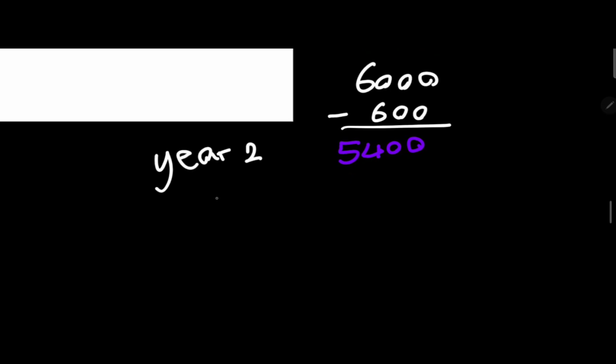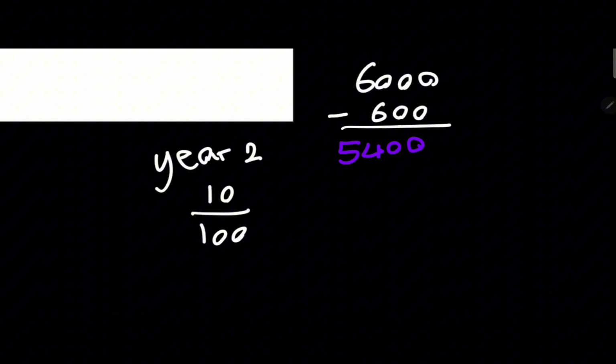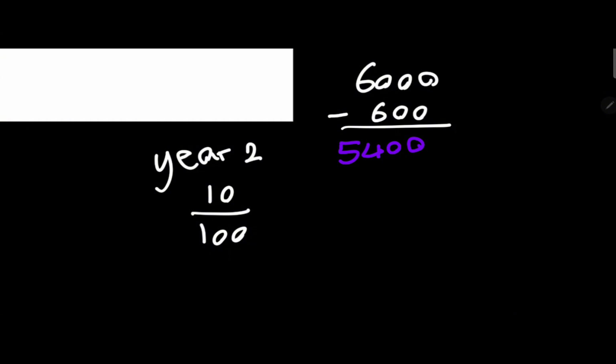So we need to do 10%. Percent means out of 100, so that's 10 over 100 multiplied by 5,400, and we're simply going to cancel out our zeros. So this cancels out, this cancels out, and these two zeros could cancel out, by the way.